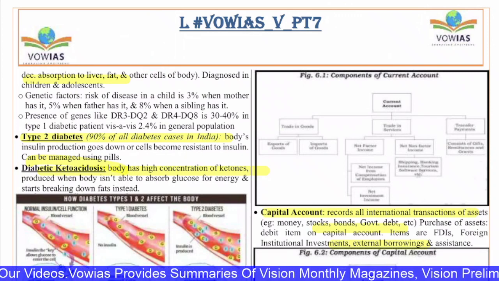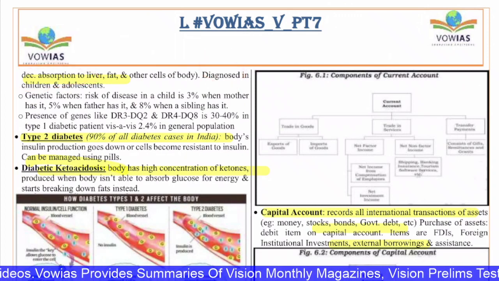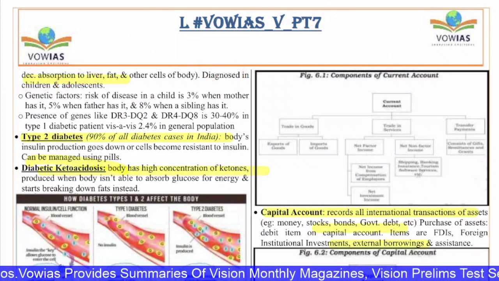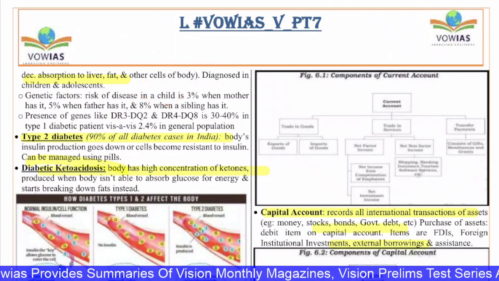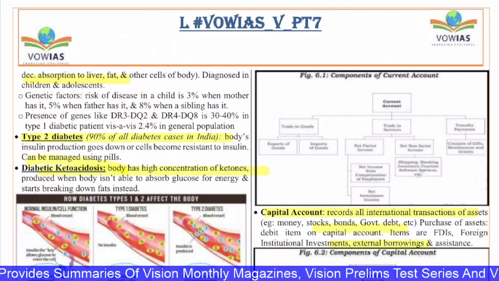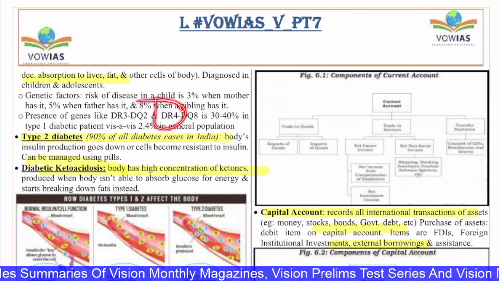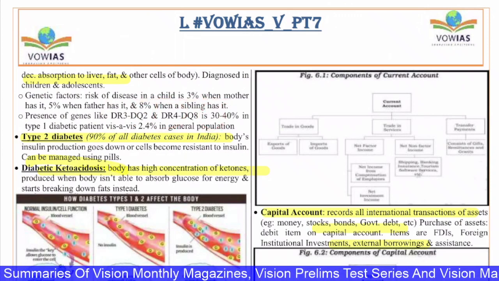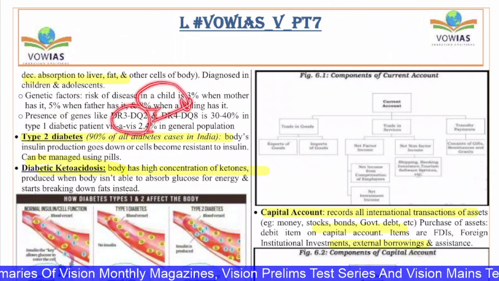It is diagnosed generally in children and adolescents. Genetic factors: the risk of the disease in a child is 3% if the mother has it, 5% when the father has it, and 8% when a sibling has it. The presence of genes like DR3, DQ2 and DR4, DQ8 is 30 to 40% in type 1 diabetes patients, versus 2.4% in the general population.